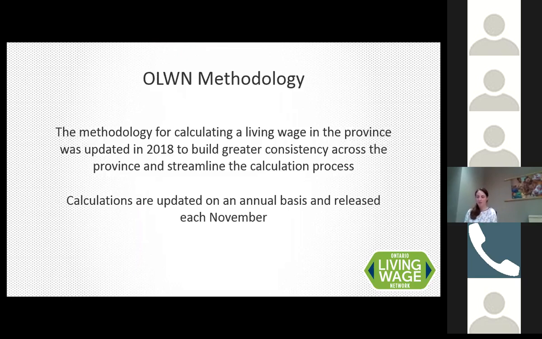The network itself decided that we needed to take a close look. It was time to reevaluate our calculation methodology. We wanted to try and build some more consistency into the calculation and streamline it. So in 2018, we struck a working group made up of people from different communities across the province, and we really took a close look at what we were doing with the calculation.